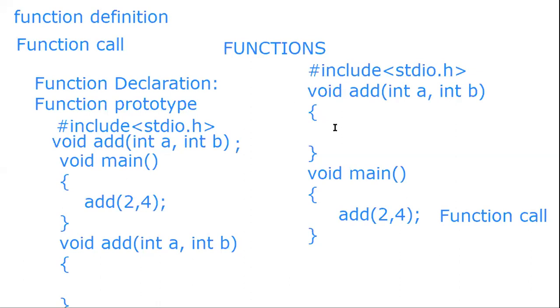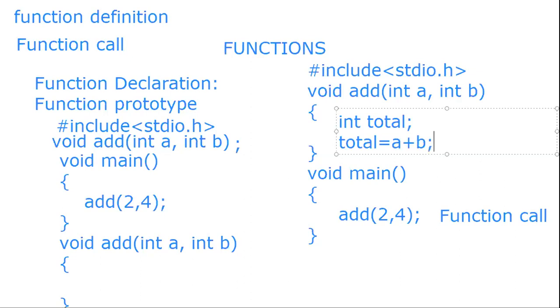So in total, if we write here, we can write those statements. Because we are not declaring, we give int total, and then say total equal to A plus B, right?